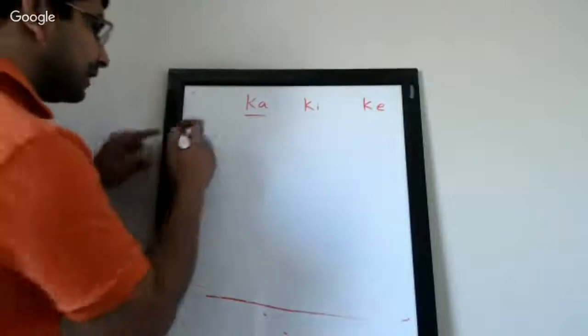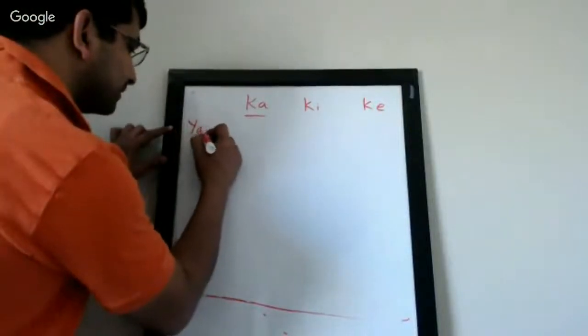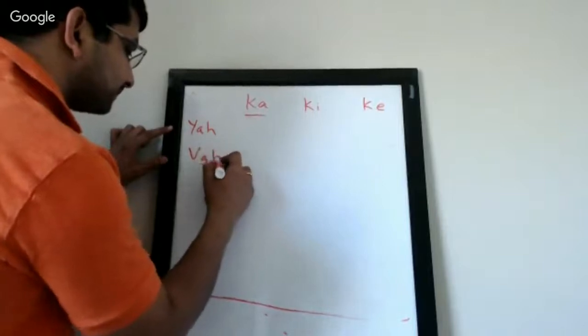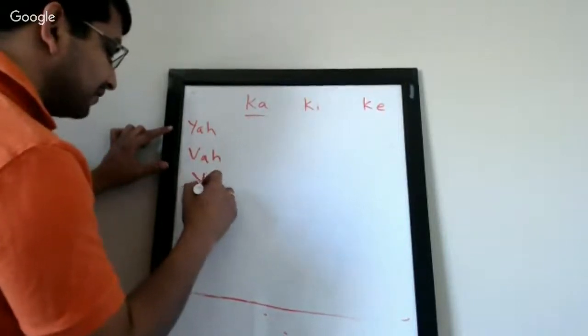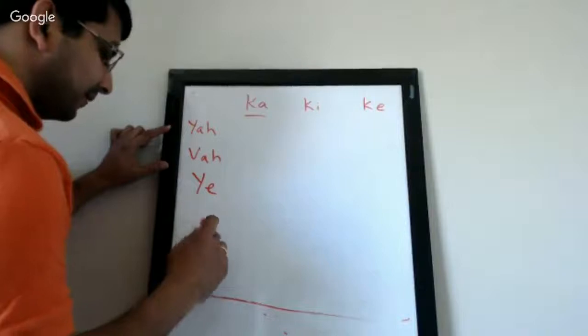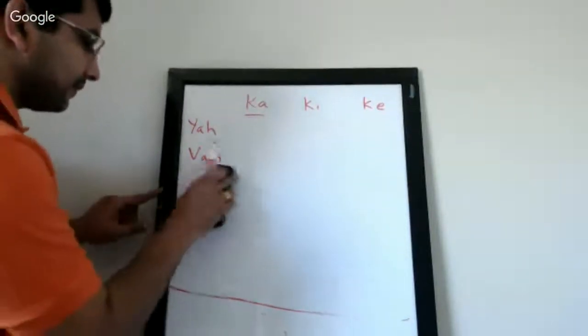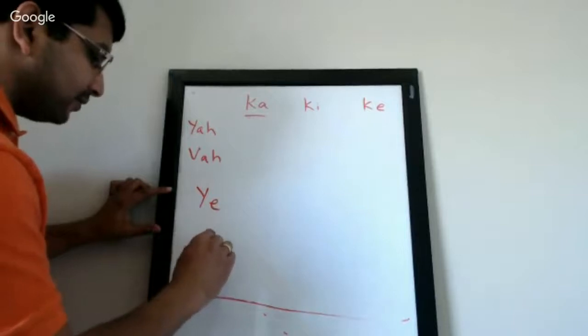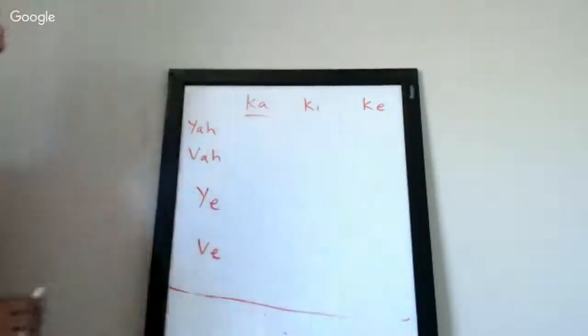So now let's look at yeh, which is this, and then vah, which is that, ye, which is these, and then ve, which is those, right?